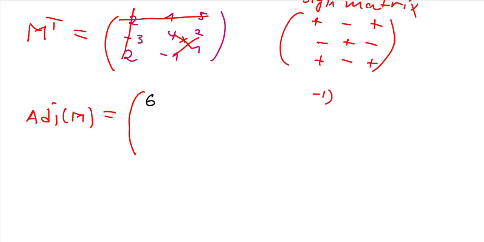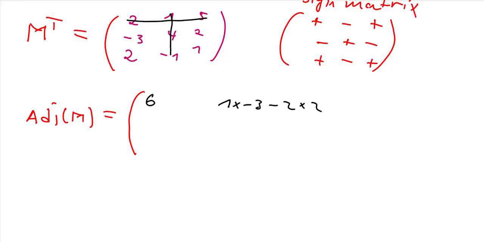Now for the second entry, we do the same. We shield, and we have negative 3, 2, 2, 1. So the determinant is 1 times negative 3 minus 2 times 2. 1 times negative 3 is negative 3, minus 4, and this gives negative 7.